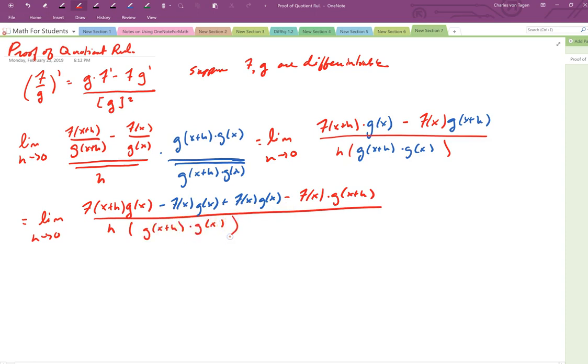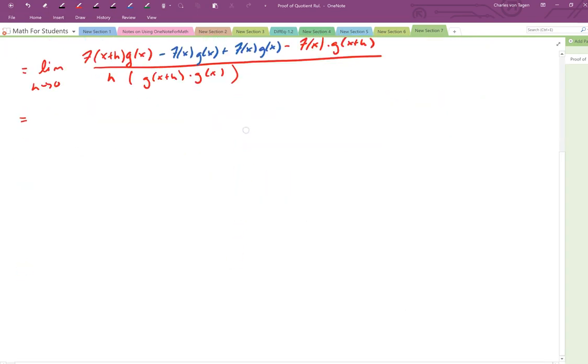Okay. The next step is going to be a little bit tricky. Let's first rewrite this limit as the limit as h approaches 0 of 1 over g of x plus h times g of x. I'm factoring this expression out of the fraction, and that leaves me with times, and then I'm going to distribute the limit over the product of the remainder.